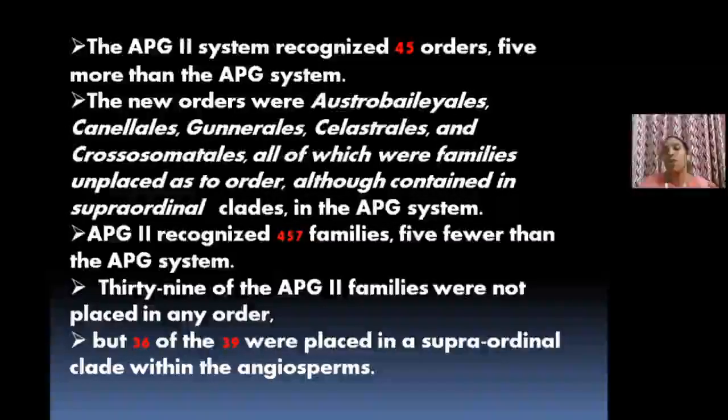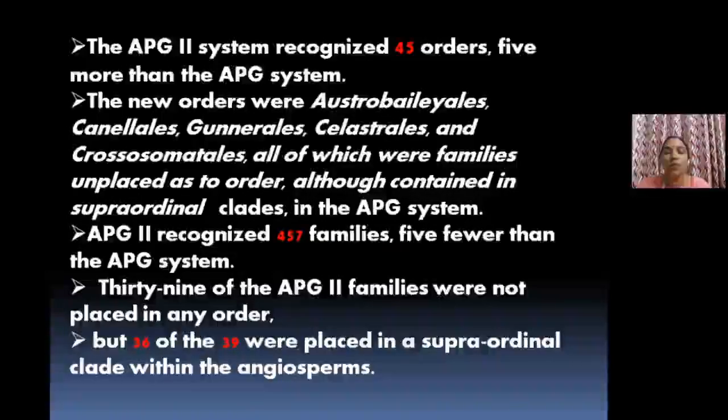Clear? 45 orders. The new orders are Austrobaileyales, Canellales, Gunnerales, Celastrales, Crossosomatales, etc., which are the families unplaced as to order, and also contain some supraordinal clades in the APG system. So extra clades are also added here, and here 457 families are there, which is fewer than in the first system.